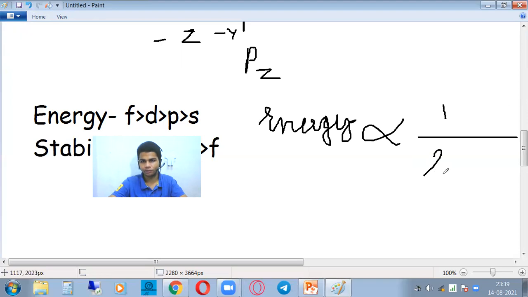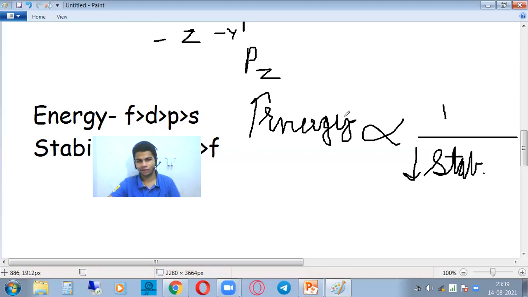If I increase the energy, then stability will definitely decrease. And if you are decreasing the stability, it means you are increasing the energy. If something is directly proportional, then if the energy increases, the stability will increase. But if it is inversely proportional, like with a negative power, then it will be quite the opposite. So you need to understand both of these things.